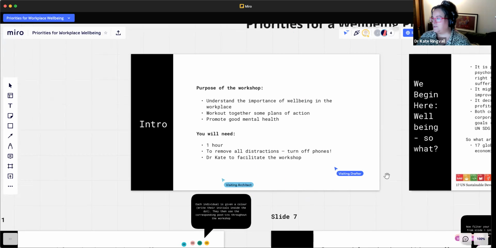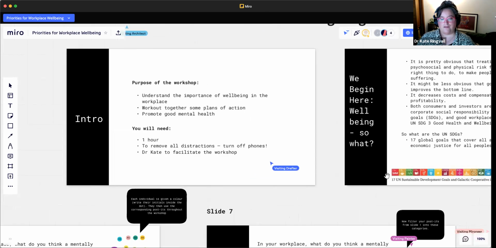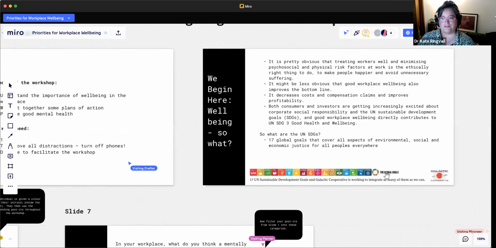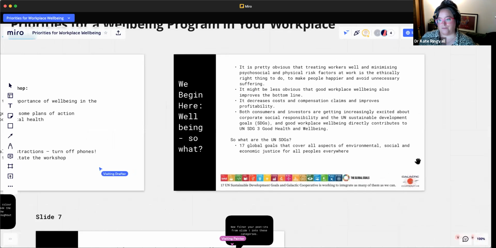So we're taking you through a workshop on wellbeing in the workplace and how sustainability interacts with wellbeing, and in particular, a little bit of an intro, if you haven't already heard about it, the SDGs, the United Nations Sustainable Development Goals. So this is what we're doing.